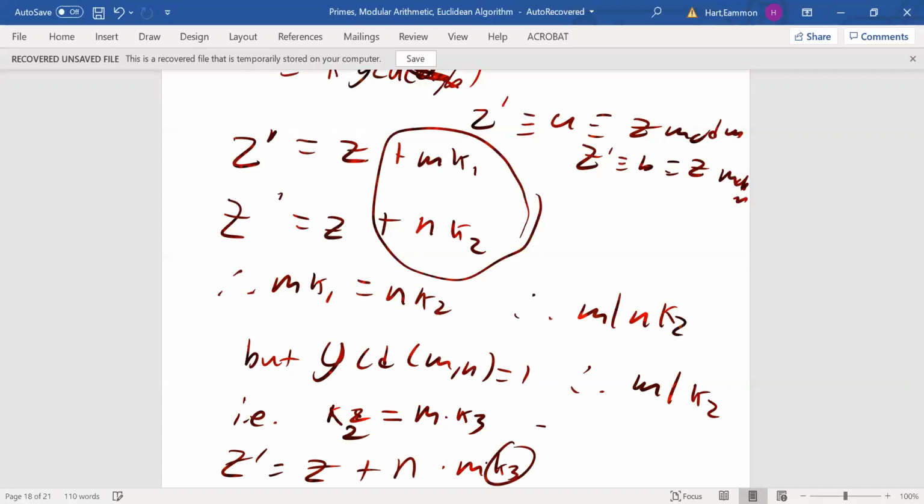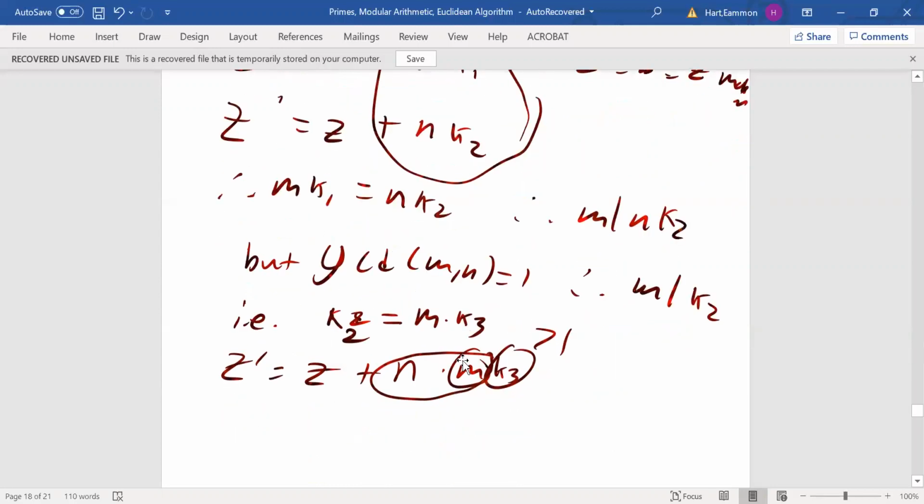This guy right here is greater than 1, and this is NM. So that tells us that up to MN, i.e., mod NM, Z is unique. Therefore, we have uniqueness.